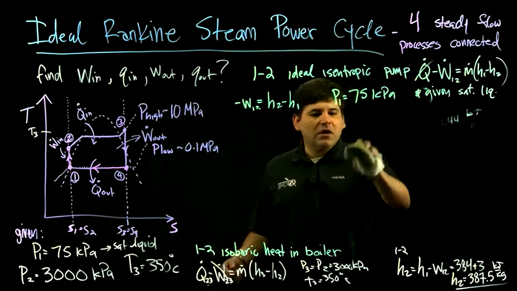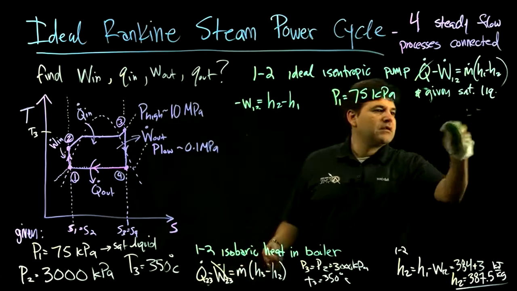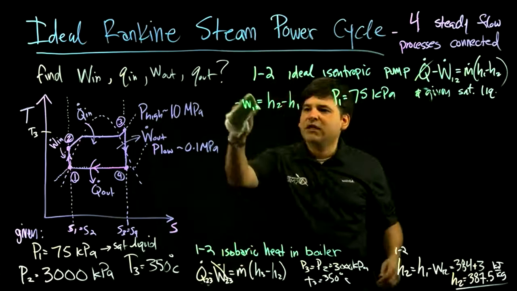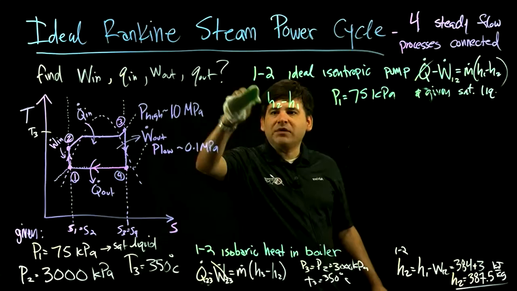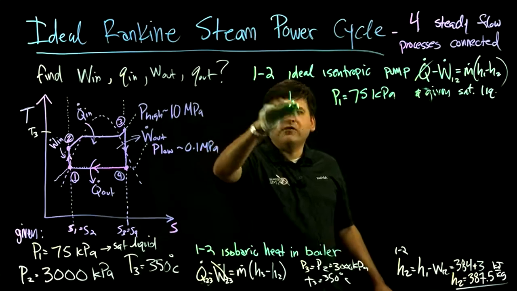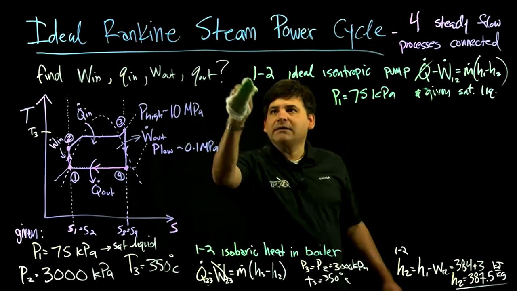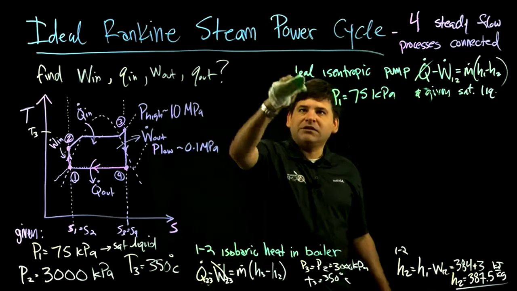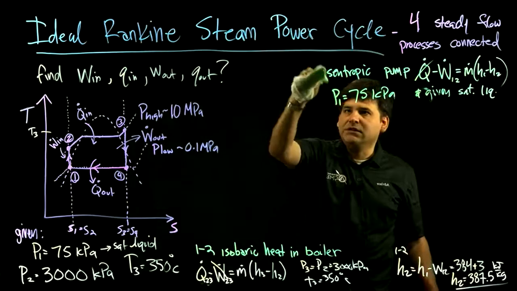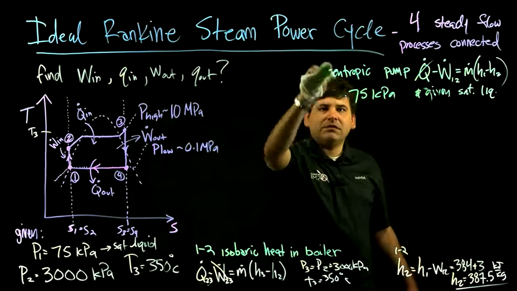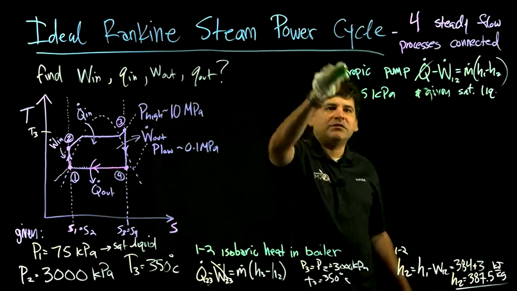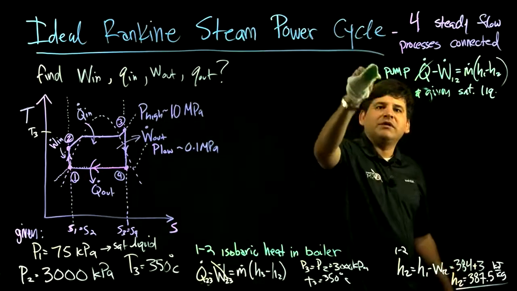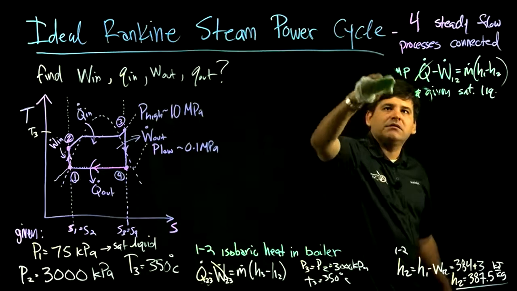So looking on the saturated liquid, saturated vapor, saturated mixture table, if we look at P3, what we will find is that the saturated temperature is much less than 350 Celsius. That means our temperature is too high to be a saturated condition, so we have to be in a superheated vapor condition.